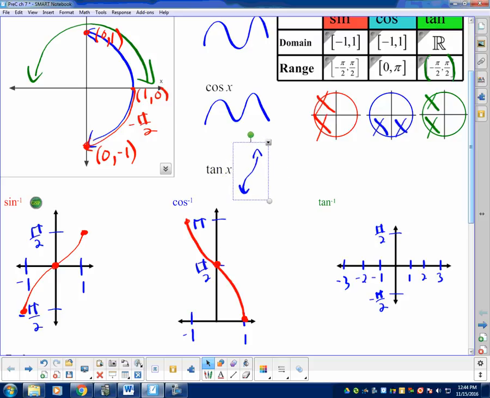So let's see, tangent was, I drew the cotangent in that one. So yeah, tangent we have, just go like this. It's kind of like knocking it on its side here. So my graph of tangent is going to look like this. At 0, I'm at 0.